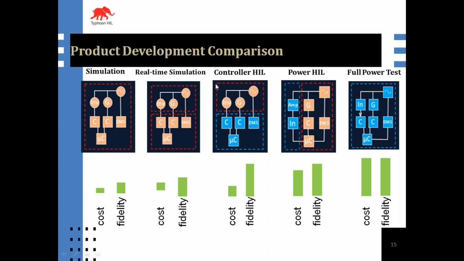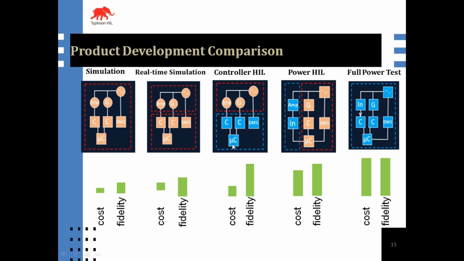But when we go through this controller hardware in loop, now you can see these red dotted lines. This shows that our plant is digital, and this controller part is surrounded by blue rectangular lines. You can see that this controller part is actual. So for this controller hardware in loop simulation, you need simulation software, then a real-time simulator, and an actual controller, like a DSP card from Texas or Xilinx.